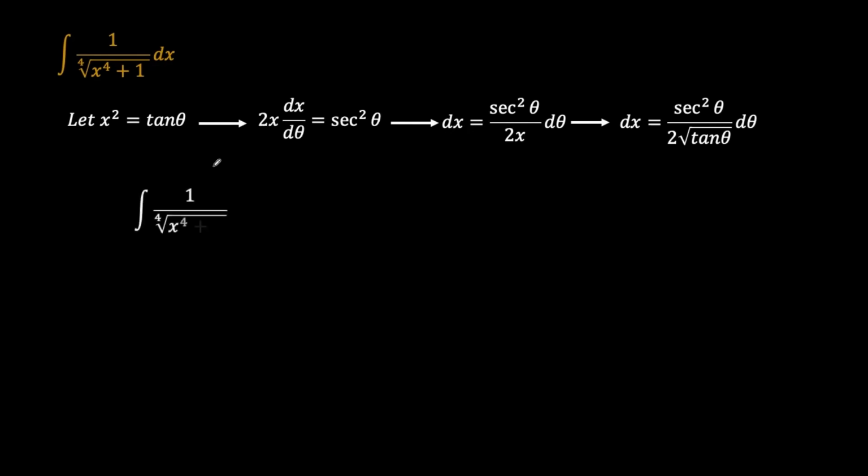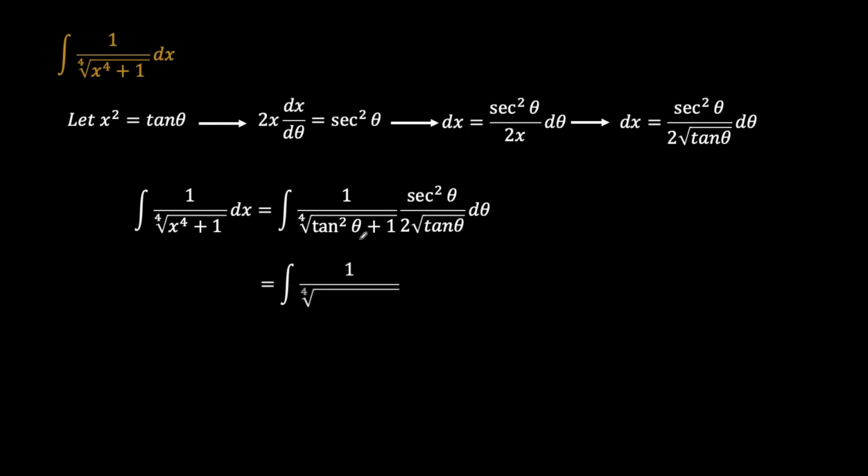And so the integral of 1 over the fourth root of x to the power 4 plus 1 dx is equal to the integral of 1 over the fourth root of tan squared theta plus 1, times sec squared theta over 2 square root of tan theta.